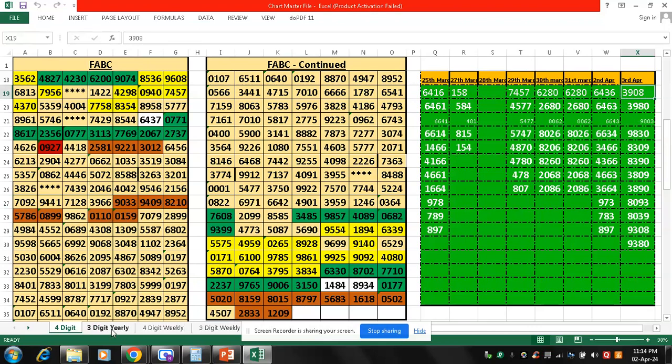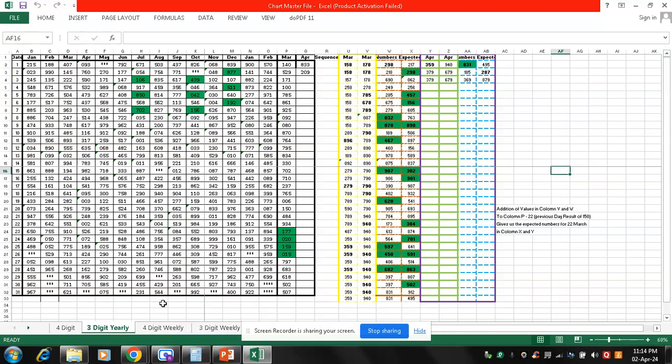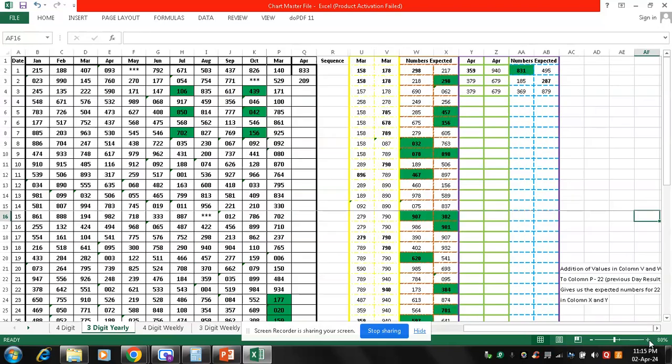Moving on to the 3-digit yearly chart, here again I'm going to increase the size here. See, the sequence has changed here. The 359 and 940 sequence that was coming until the 1st of April, until yesterday.